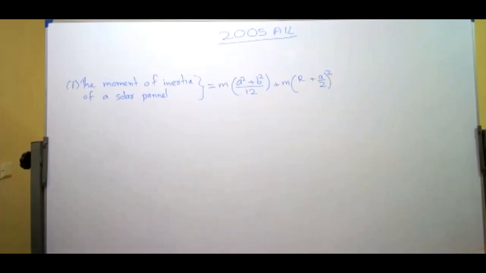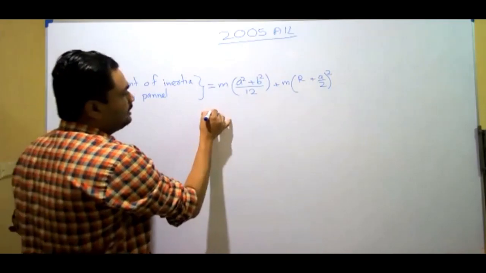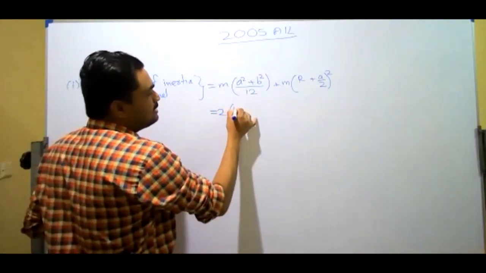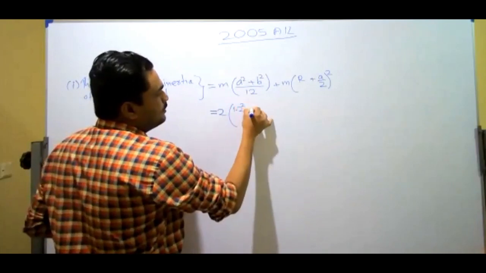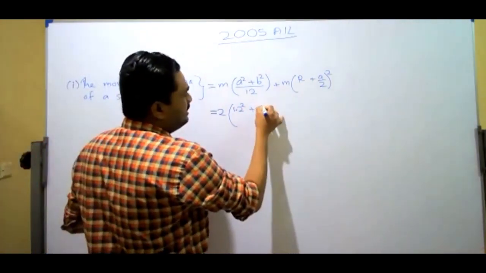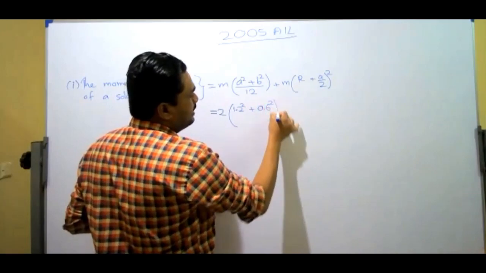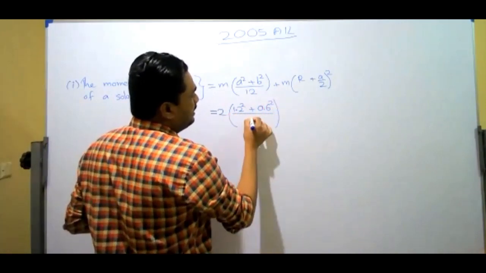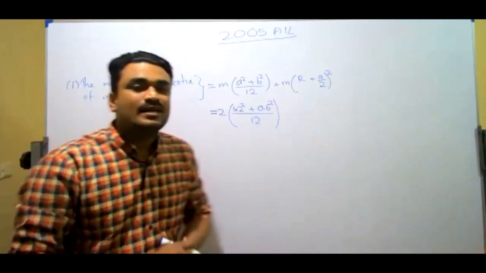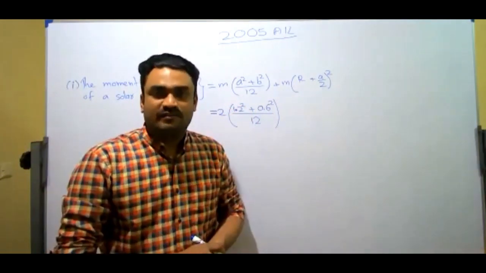m is given as 2 kilogram. a is given as 1.2. b is 0.6. We should square them and divide by 12. So this is the given expression. This does not give us the entire moment of inertia of the satellite.